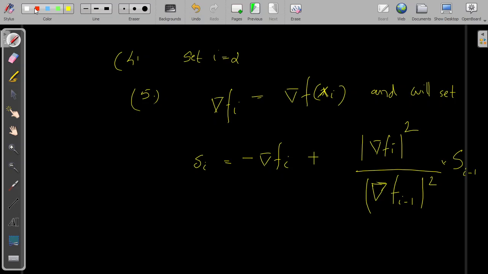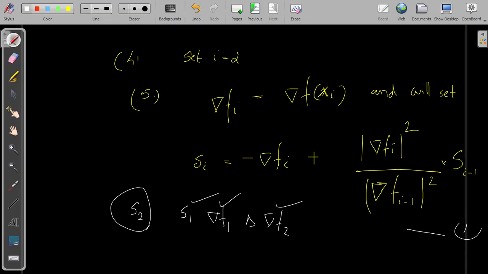So we derive S2 from the previous data we have. From the previous data we have S1, del f1, and here we have del f2. From del f1, del f2 and S1, we will derive the new direction S2, given by this formula.